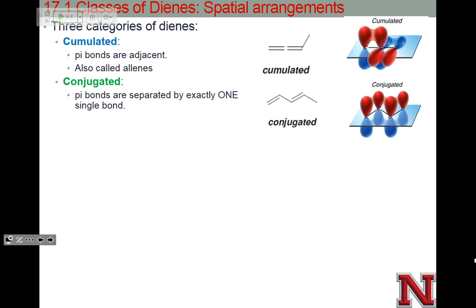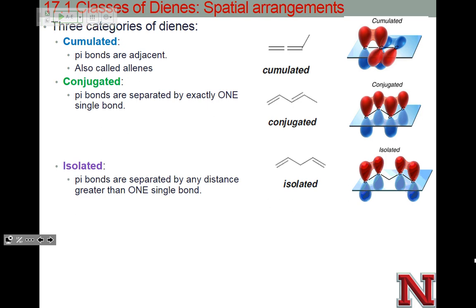The last one would be isolated, where you have at least one sp3 carbon between your pi bonds. You no longer have that overlap because there's an sp3 carbon with no p orbital. So the electrons in the pi bonds are isolated to their bond. They're not being shared between multiple p orbitals.